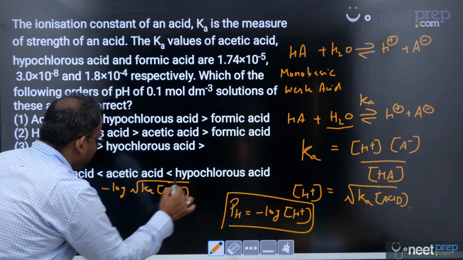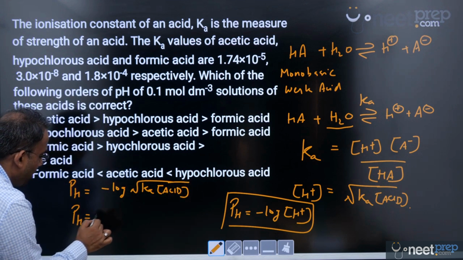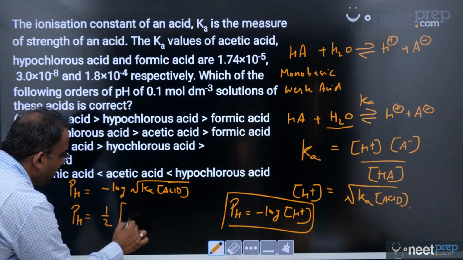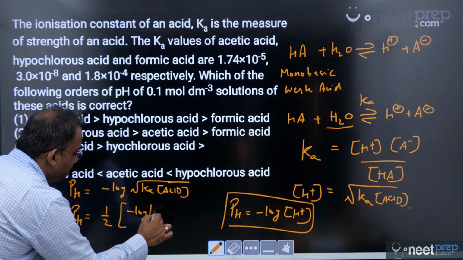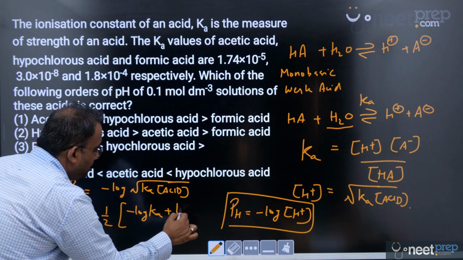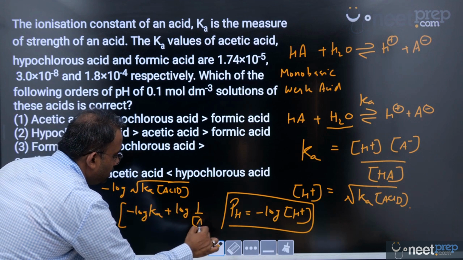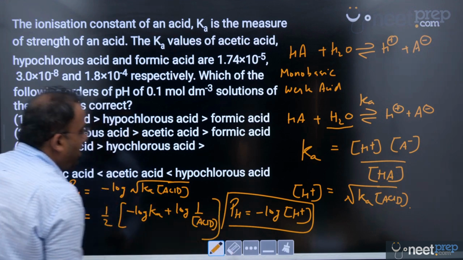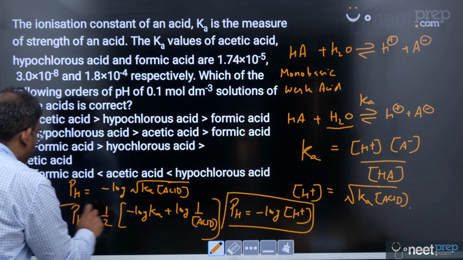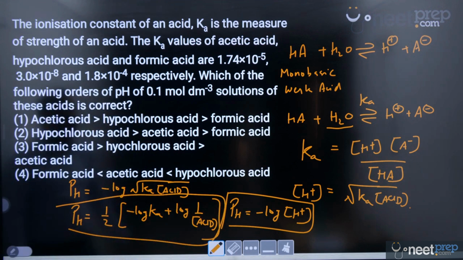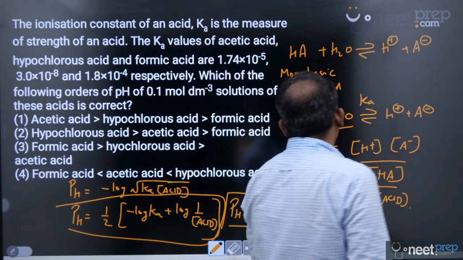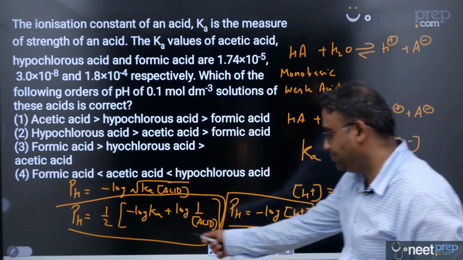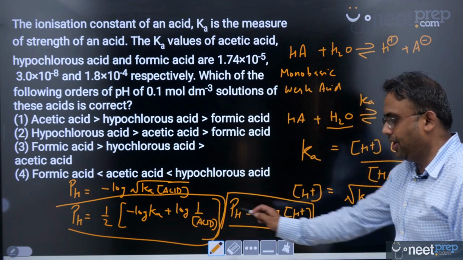By doing some maths using properties of log, I can easily see that this will be my expression for pH. If you know it, it's the Henderson-Hasselbalch equation. If you don't, then this is the relationship for the pH of a monobasic weak acid. It can be easily worked out from here.